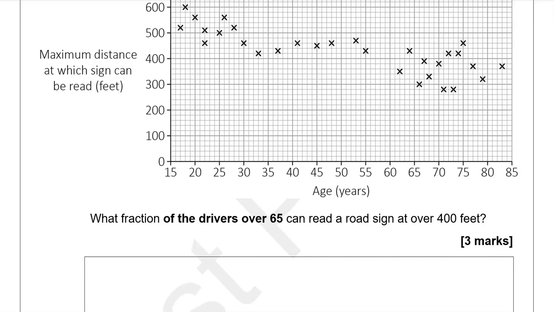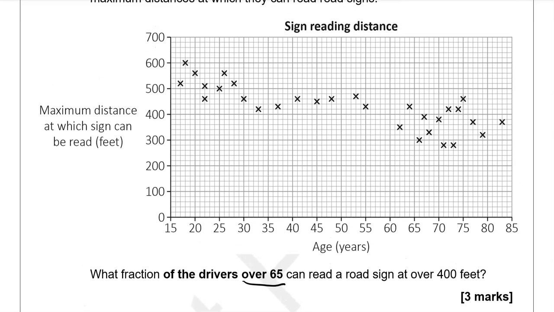So we're focusing on the drivers over 65. This is the point at 65, so above that, and then we're going to look at the ones who can read a sign at over 400 feet. So that is at this point here.